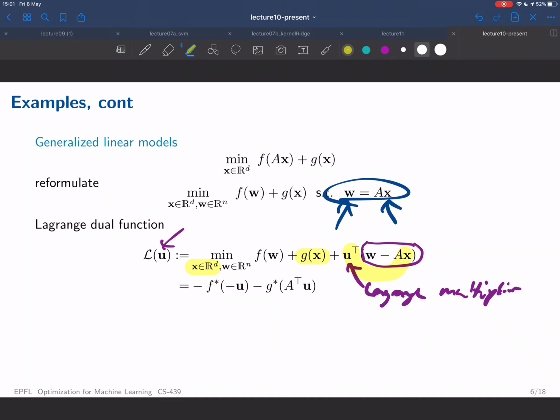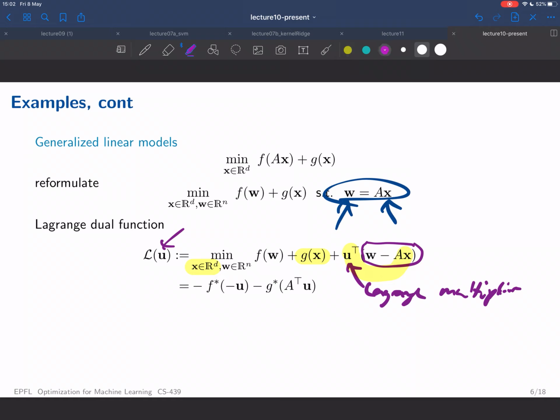The question is just at which point. It's a bit strange, you have this u and A and x. If you take A and u together, then A times u is just a vector, and that vector is where the conjugate is defined.